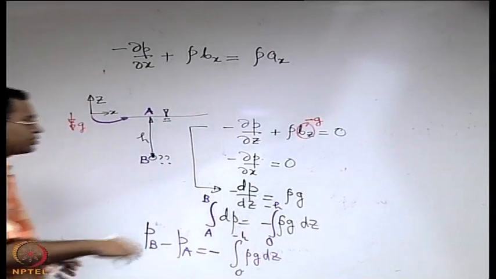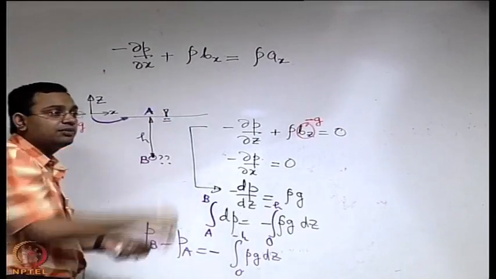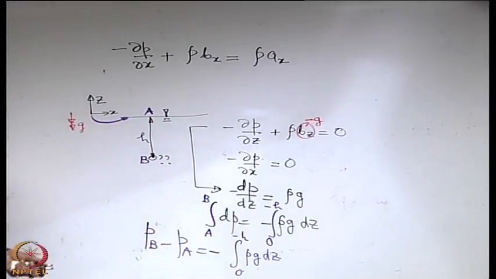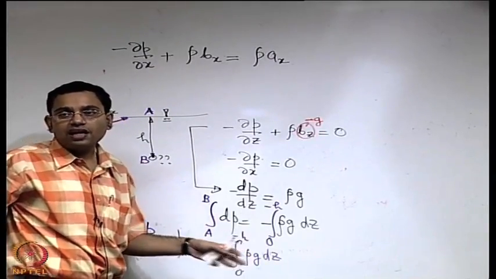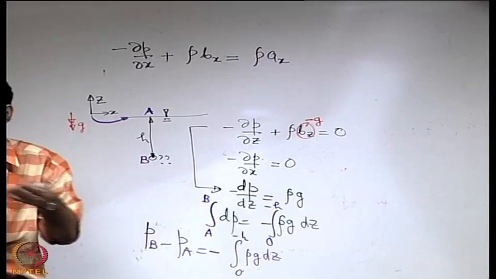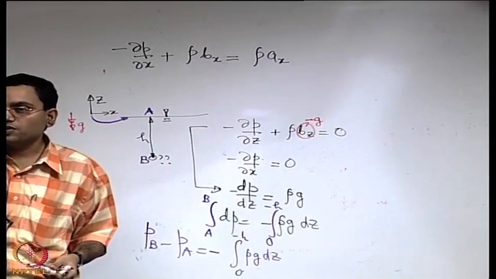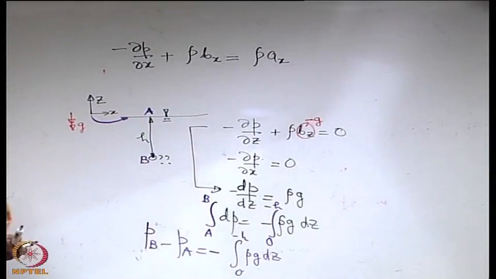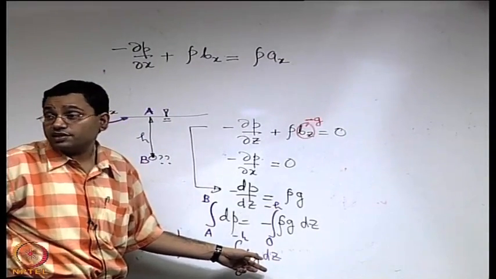Now it is important to see what is the length scale that we are considering over which this variation is taking place. If this h is quite large, there may be a significant variation in density over it, just like consider the atmosphere above the surface of the earth. As you go more and more above the surface of the earth, you expect the density to change because the temperature changes and so on, and therefore the density in many cases may not be treated as a constant.